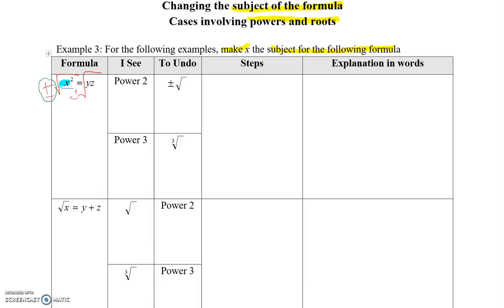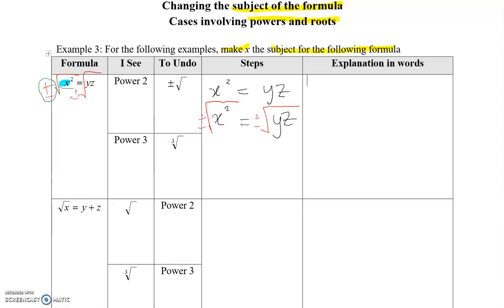So therefore, to show our workings, we want to make x the subject of the formula x squared equals yz. We will have the square root of x squared on the left side equals the square root of the expression on the right.